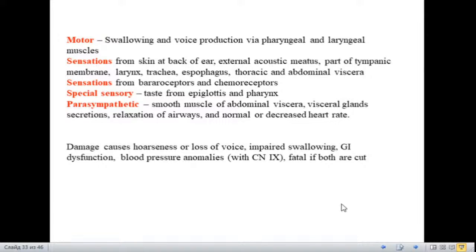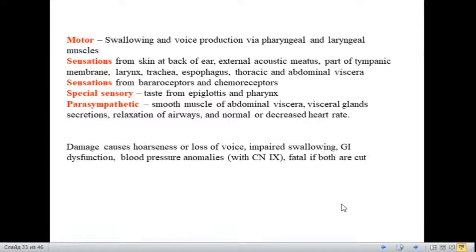Besides that, vagus nerve conducts information from baroreceptors and chemoreceptors. Special sensory taste buds also found besides tongue at the epiglottis and pharynx, so it is provided by vagus nerve, and parasympathetic innervation by vagus nerve provided to smooth muscles of abdominal organs, visceral gland secretions, relaxation of airways, and so on.